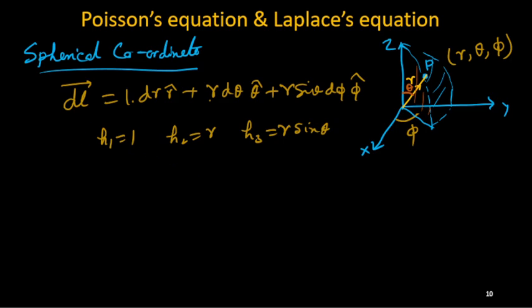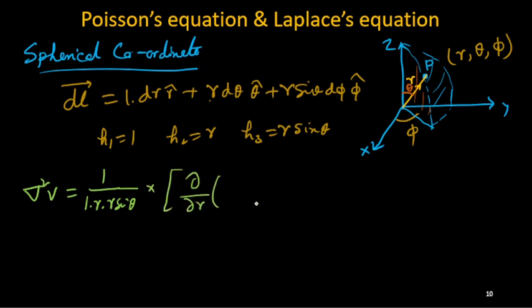So how do we represent this Laplacian operator? You can see that del square V I can write as 1 upon h1 h2 h3, so this is 1 into r into r sine theta, multiplied by del by del r of h2 h3 over h1, so r into r sine theta, which is r square sine theta upon 1, times del V del r.